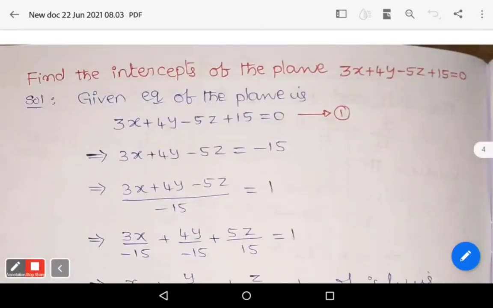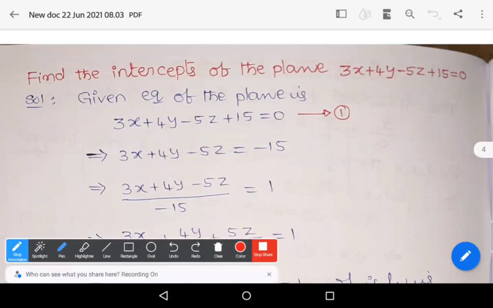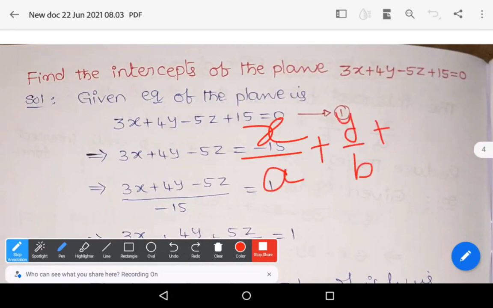And the next type of question in this method: find the intercepts of the plane 3x plus 4y minus 5z plus 15 is equal to 0. Remember that x by a plus y by b plus z by c is equal to 1 is the intercept form of the plane.